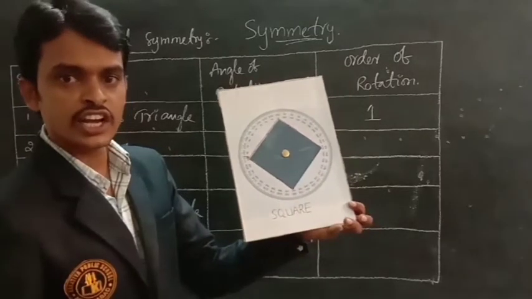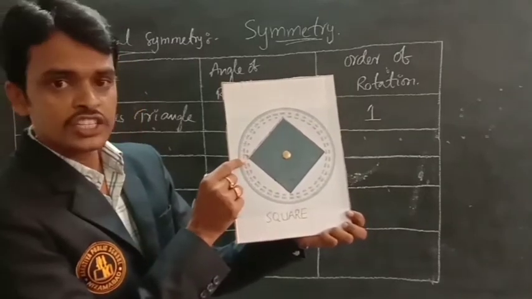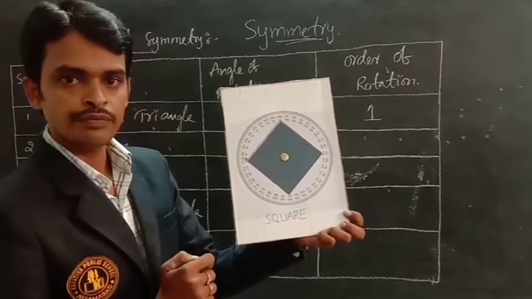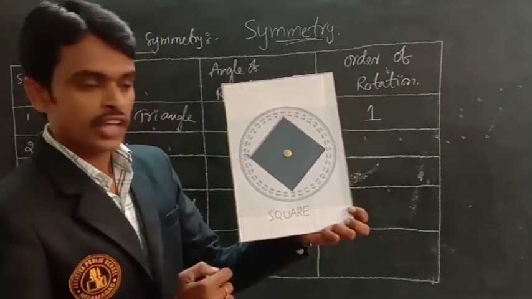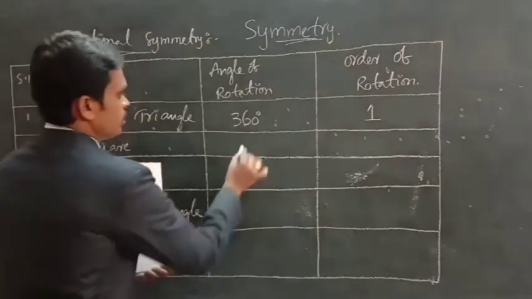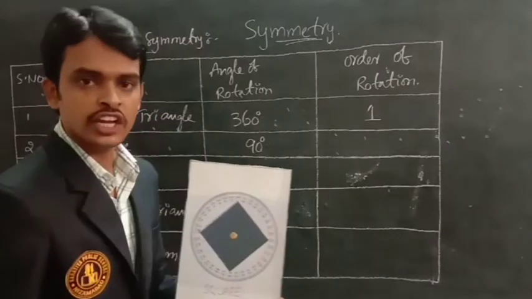What do we notice here? We notice that at 90 degrees the square coincides with itself. Then the angle of rotation of a square is how much? 90 degrees. The angle of rotation of a square is 90 degrees.